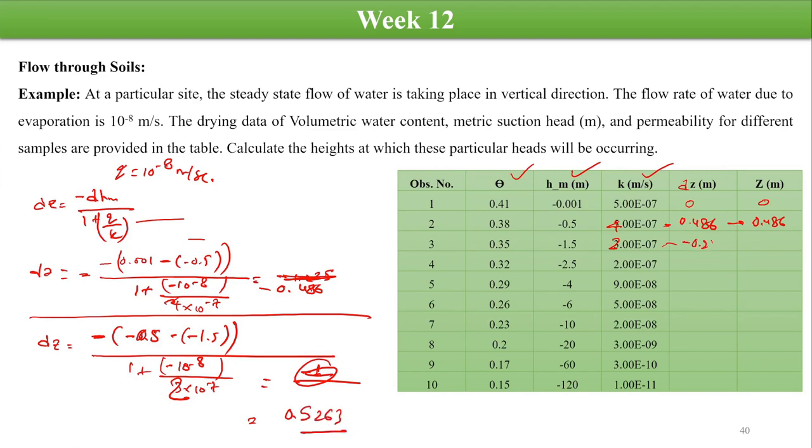So minus 0.5263, and here if we calculate 0.486 plus this one, it is going to be 1.0344. Fine. Okay, so in this way you can keep on calculating the value of capital Z, and by calculating the value of small z, right? So this is a good example to determine the location at which this particular h will be occurring.